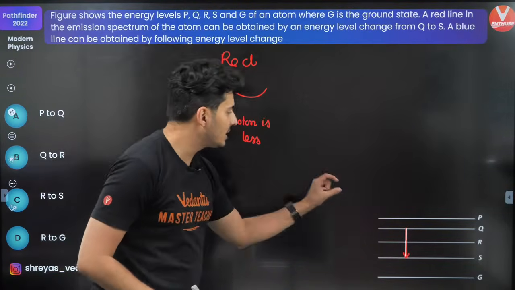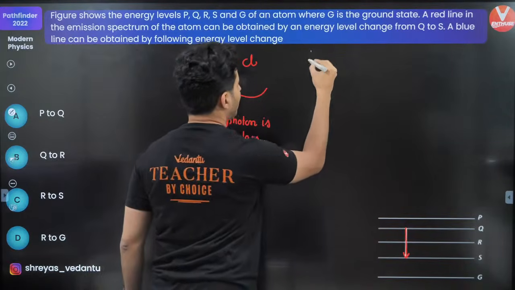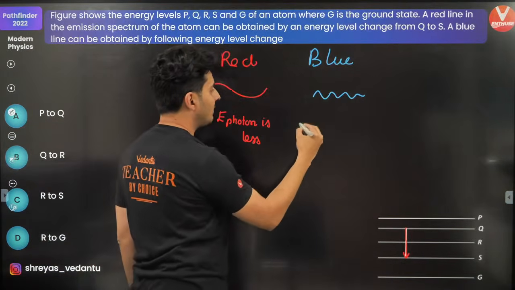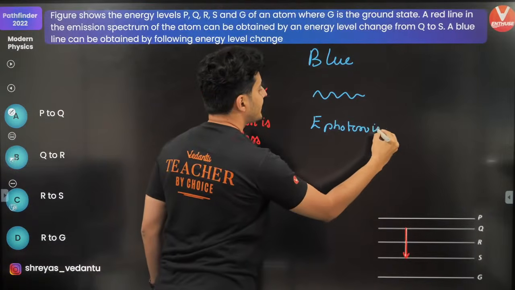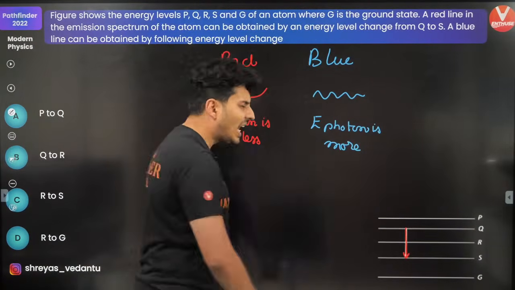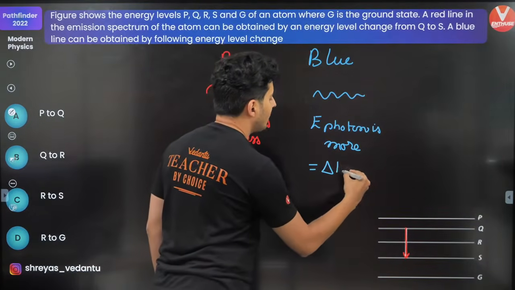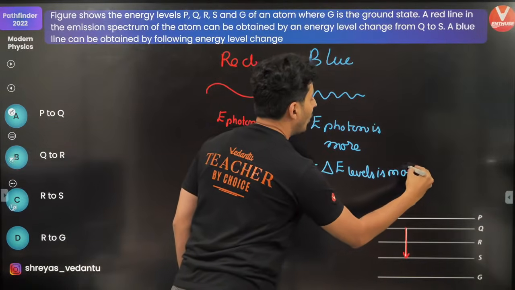But the blue color has a very short wavelength. That means the energy of that photon is more. If the energy of the photon is more, that means the difference of the energy levels is more.